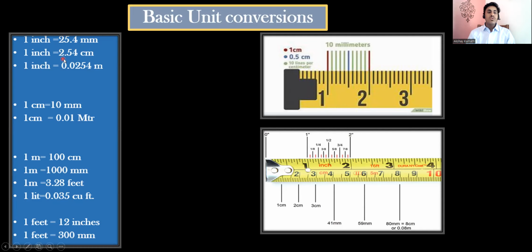Then 1 inch is 2.54 centimeter. If you divide this by 10, you'll get 2.54 centimeter. And if I again divide it by 100, you'll get 1 inch is equal to 0.0254 meter. Let me do that.